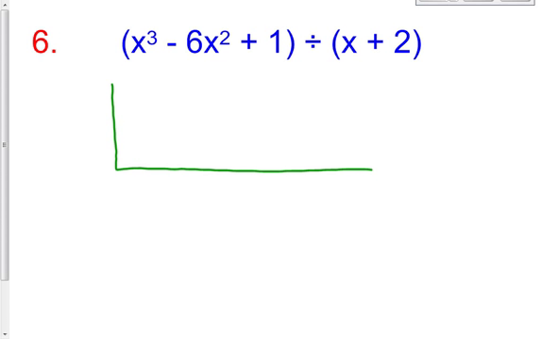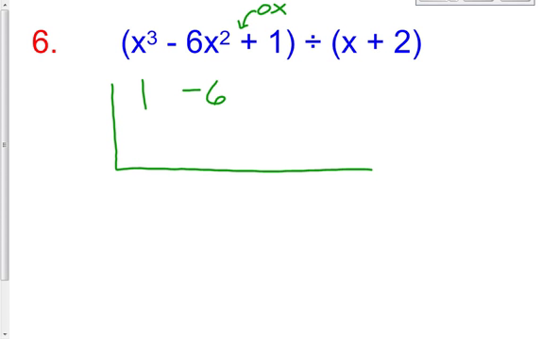We have 1x cubed. We have a negative 6x squared. So a negative 6 would go right here. If we were to go in descending order, we would have a 0x right here, wouldn't we? We don't write 0x because it's understood that there aren't any x's.